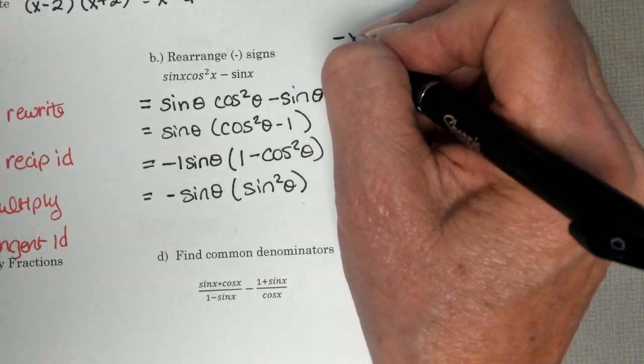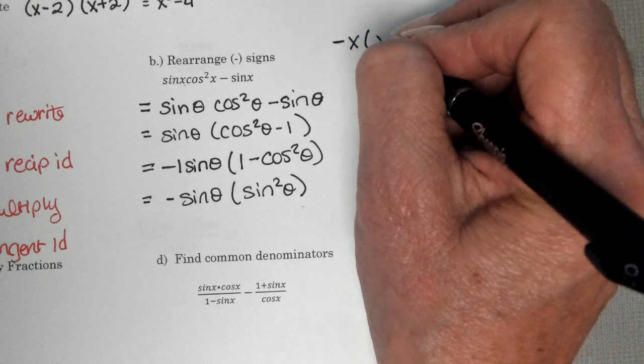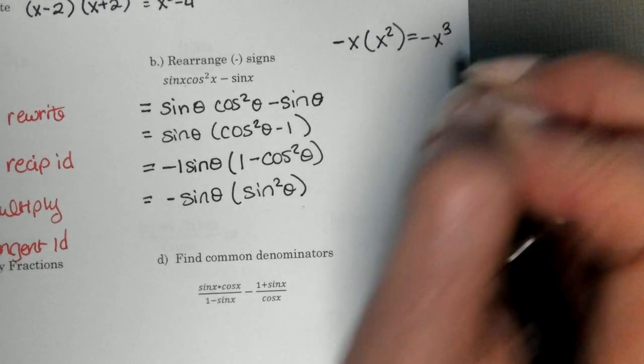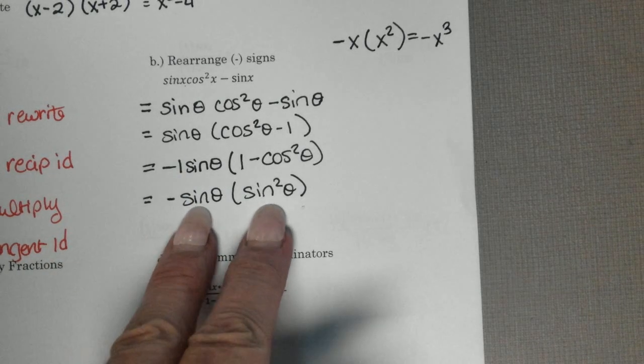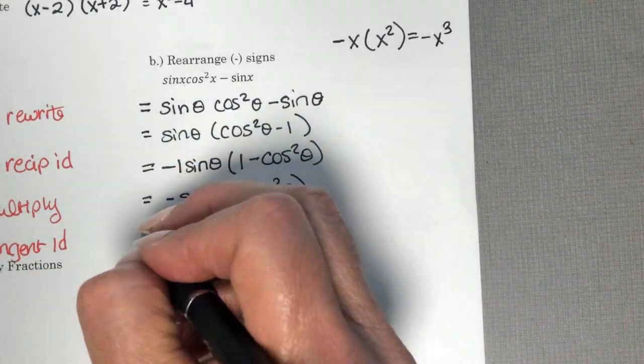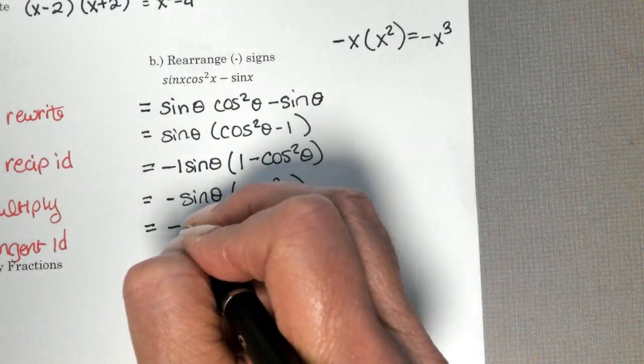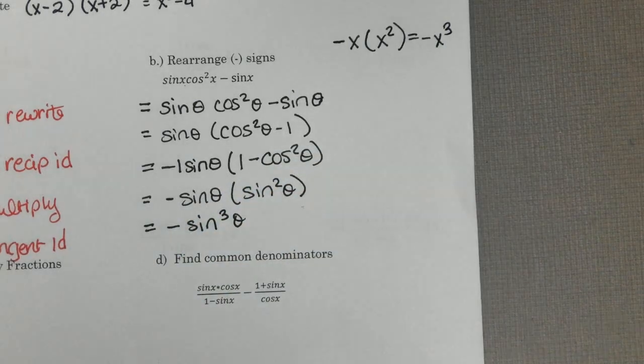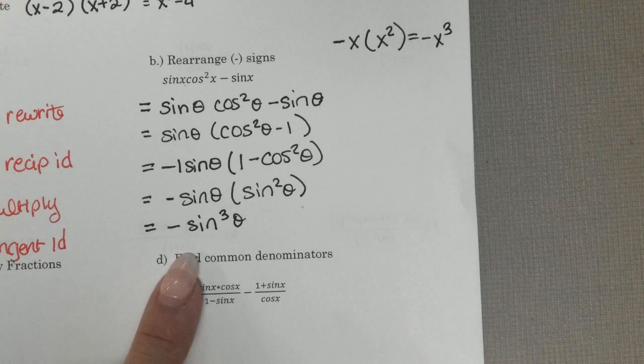If you have a negative x times an x squared, you would get a negative x to the third. Well, that's what happens with your trig functions right here. I get a negative sine to the third theta. And now you have simplified this as low as we can go.